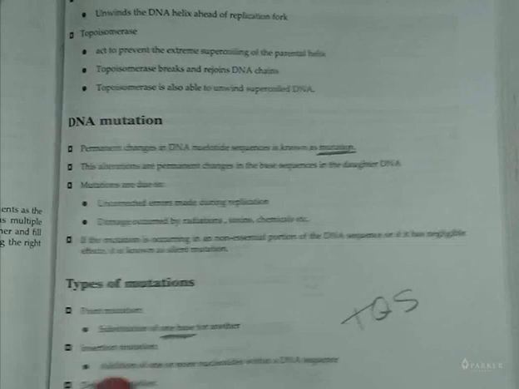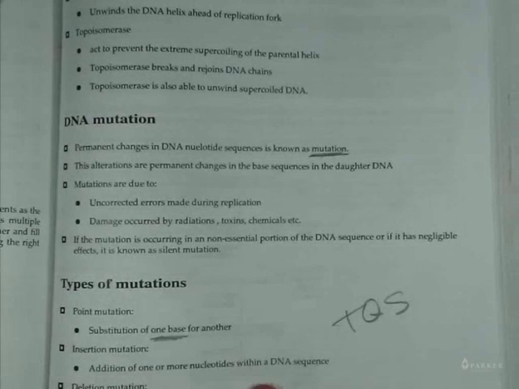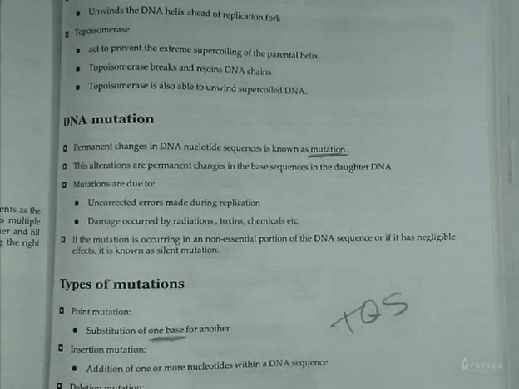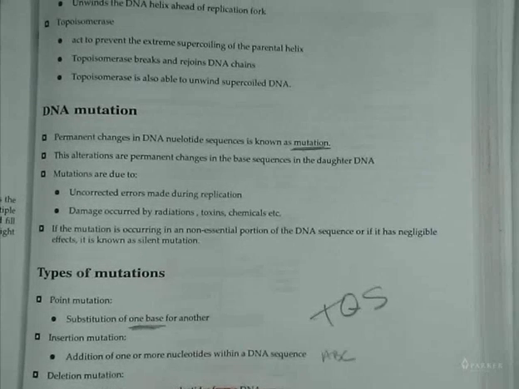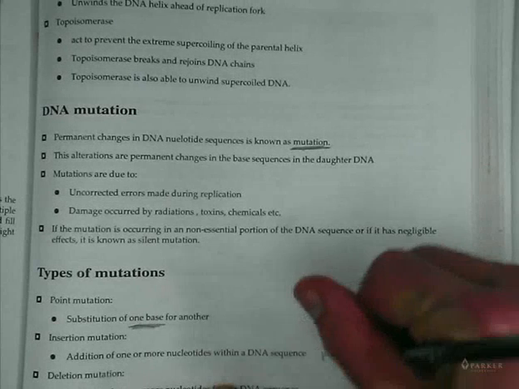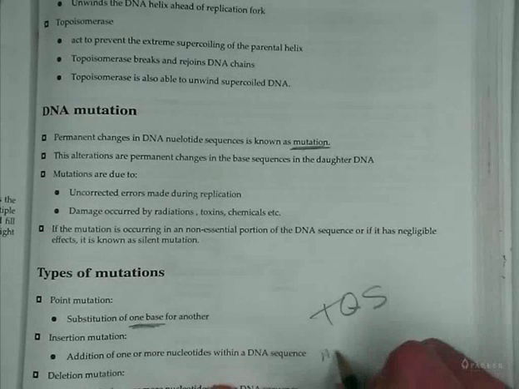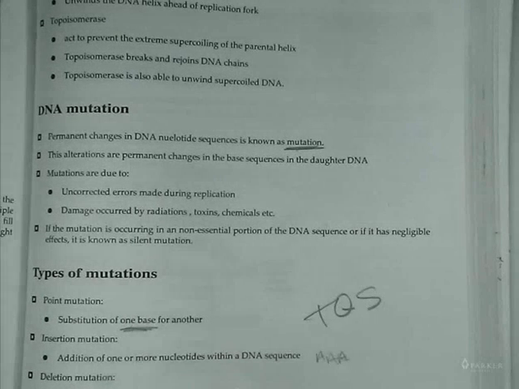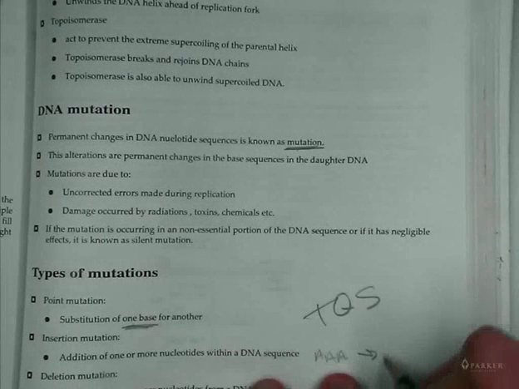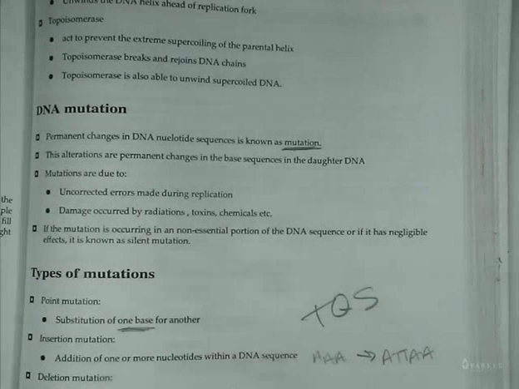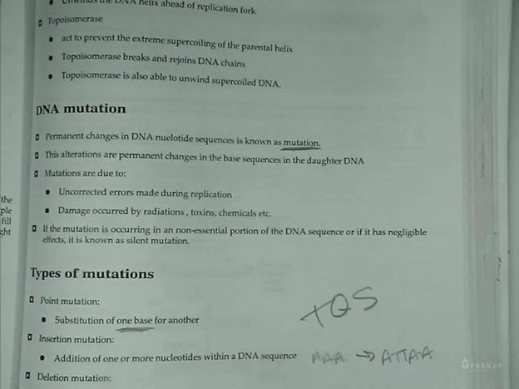An insertion mutation is the addition of one or more nucleotides within a DNA sequence. Say we have AAA. Now with the insertion mutation, that's going to be like A, T, T, AA.